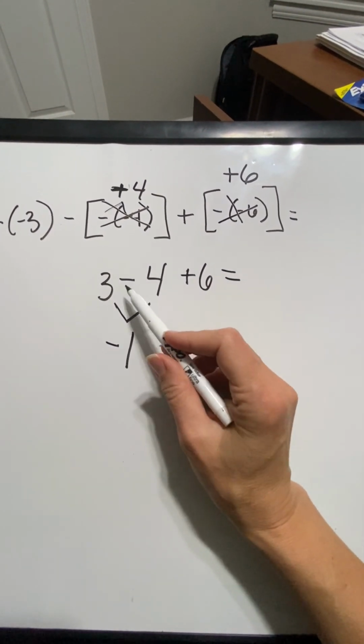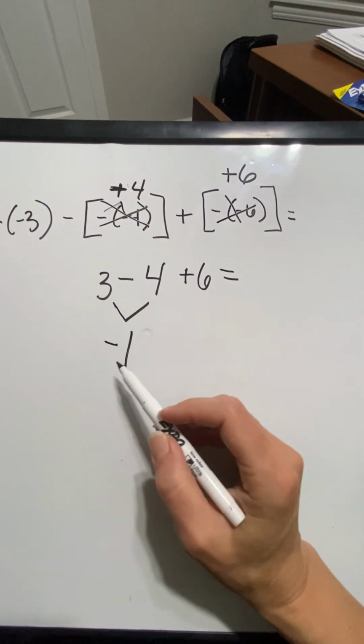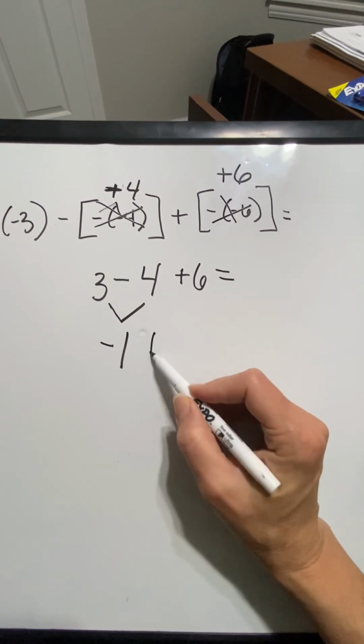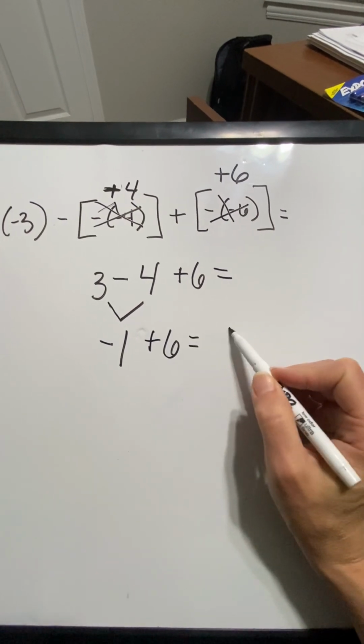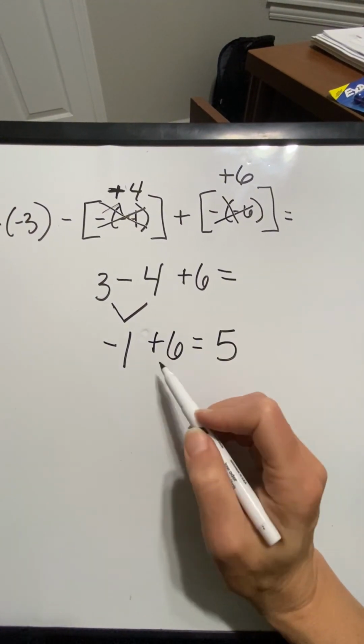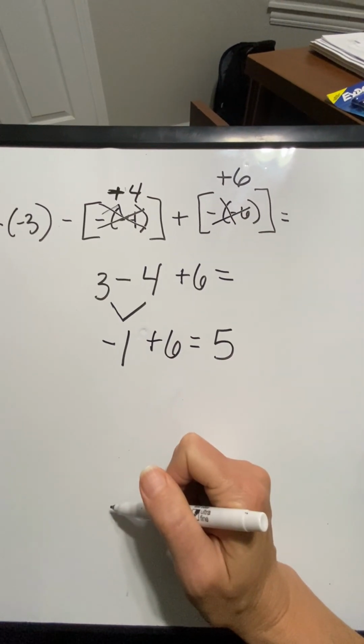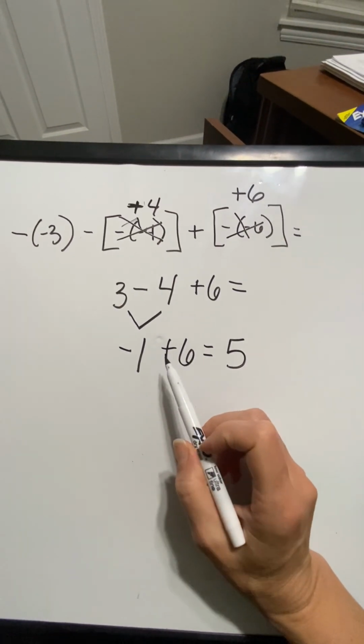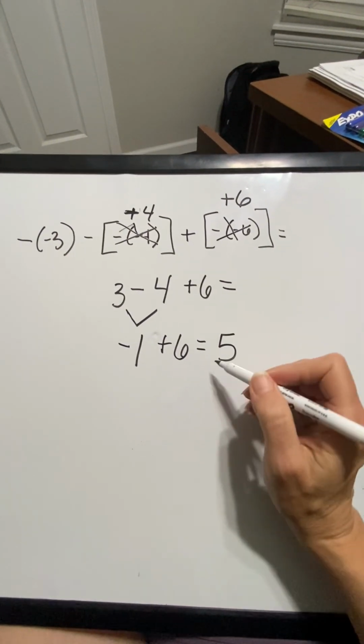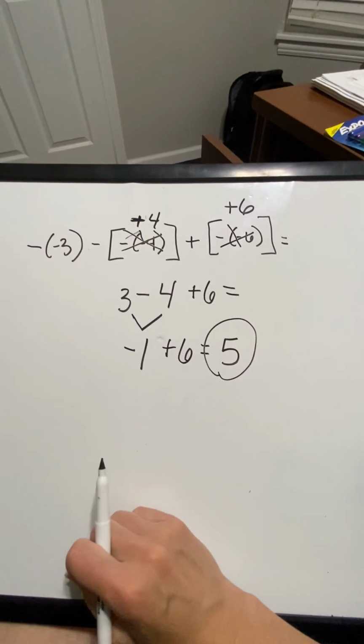The bigger number is 4. The sign in front of the 4 is a negative, so it becomes negative 1 plus 6. Again, these signs are different. 6 minus 1 is 5. Because 6 is the bigger number, it's a positive. That's why the 5 stays positive. So the answer to the question is just simply 5.